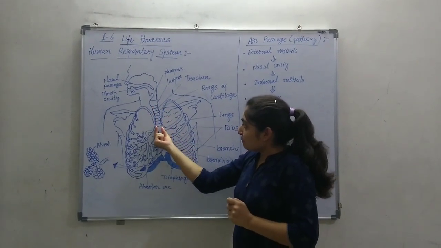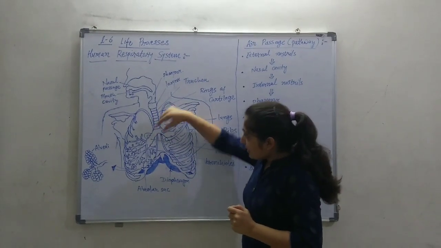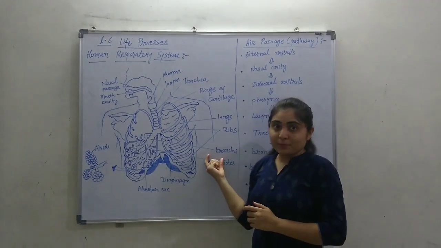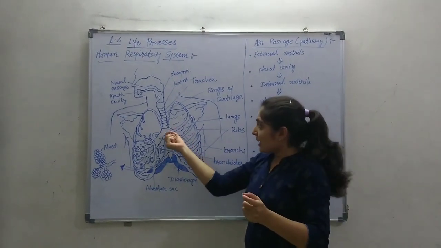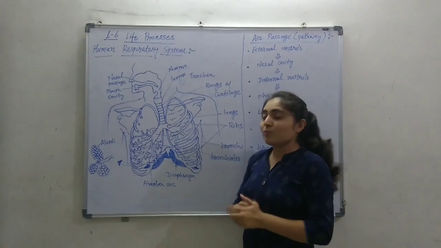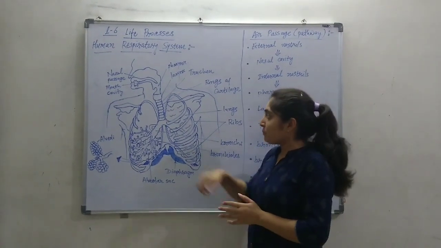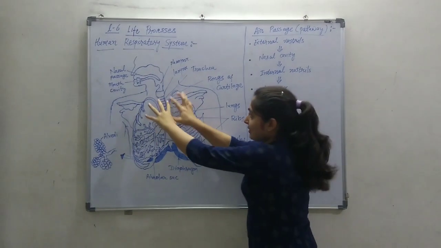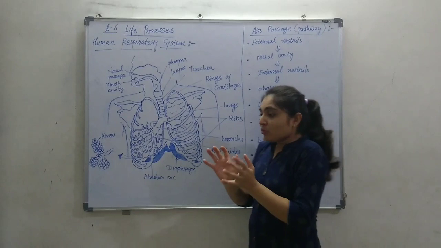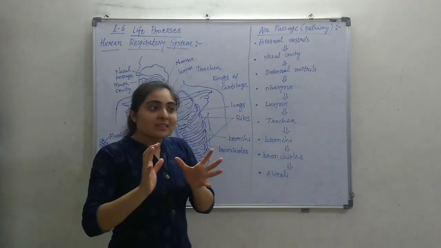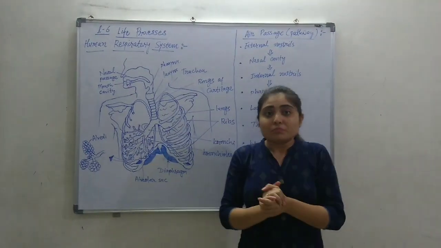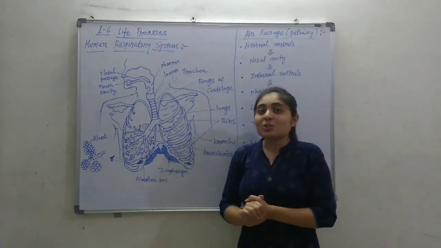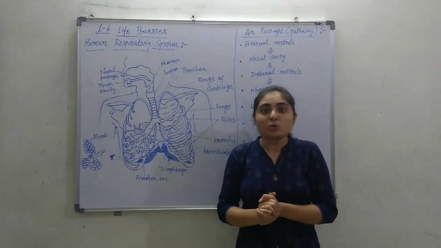Now this trachea is divided into two main branches, which are called bronchi. Bronchus is the singular word, and it divides into two main branches, called bronchi, which are divided inside the lungs. The lungs are present in the chest part, which is called the thorax.